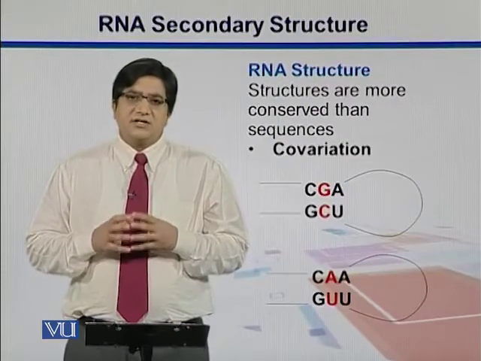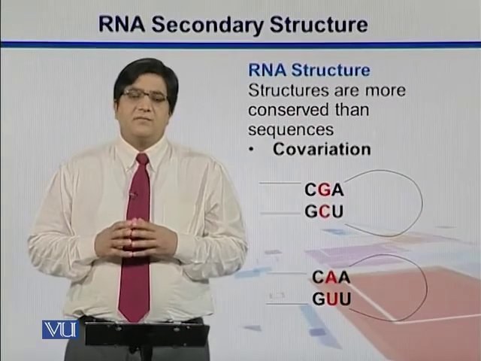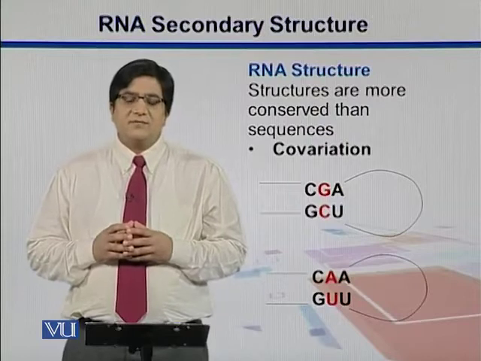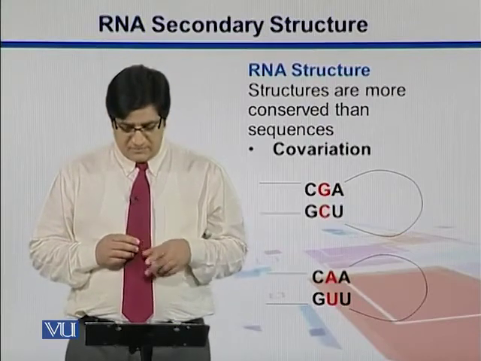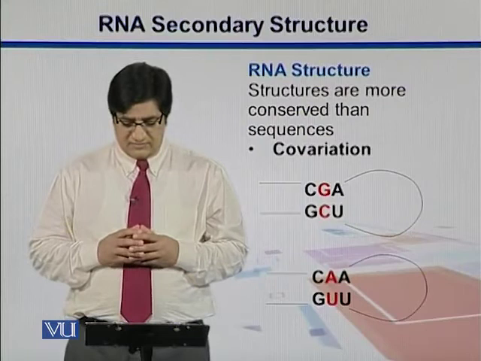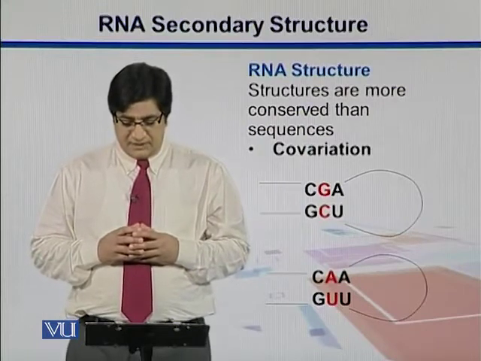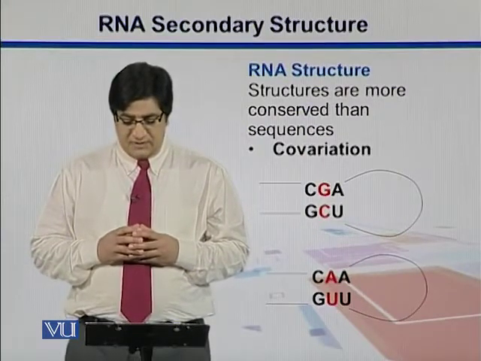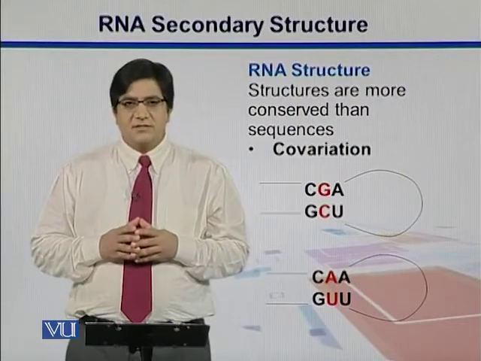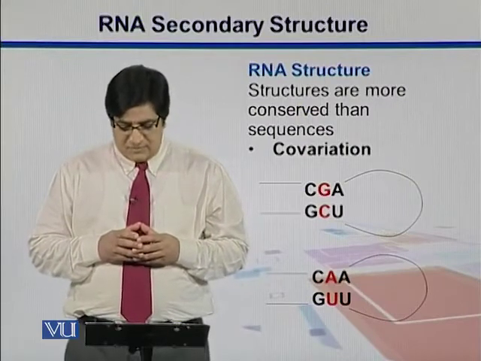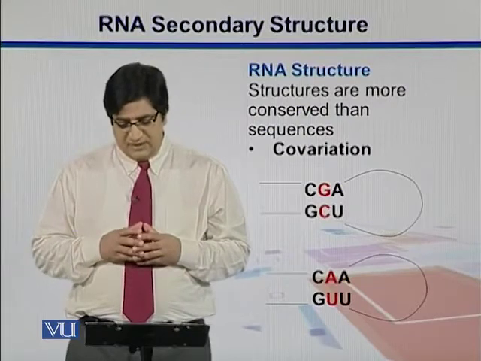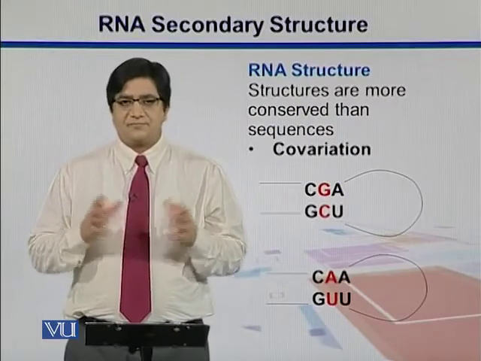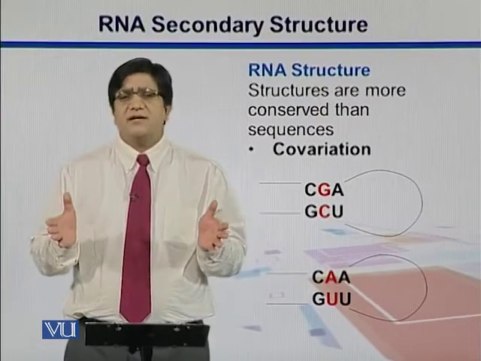In nature, those structures are conserved more as compared to the sequences. So there is a concept called covariation. For example, if you look at these structures, we have C, G and A and G, C and U. So in this way, it's kind of a stem-like structure. And then we observe some loop-like thing where we might see some repulsions, or where we have bases which do not align with one another.